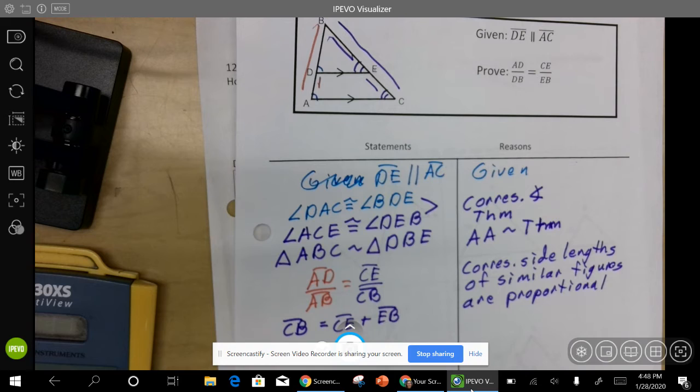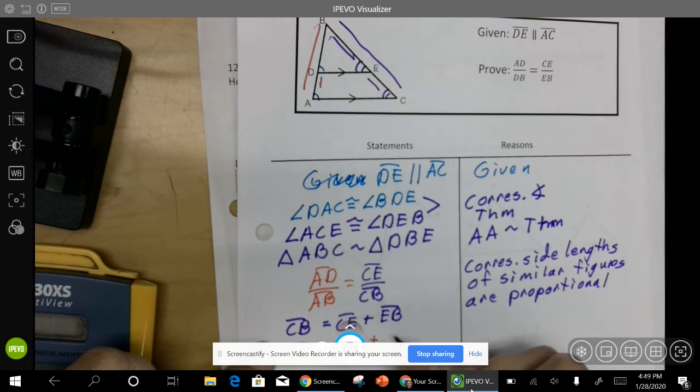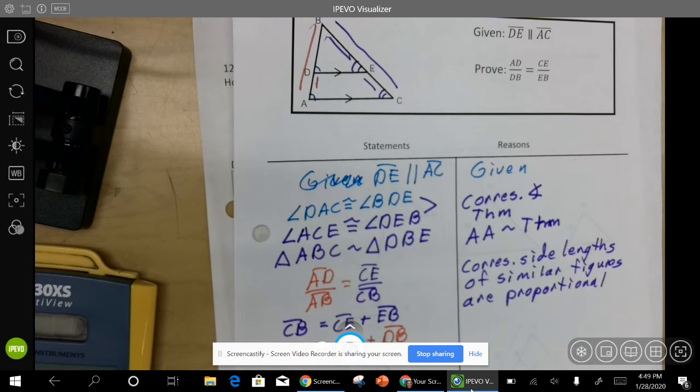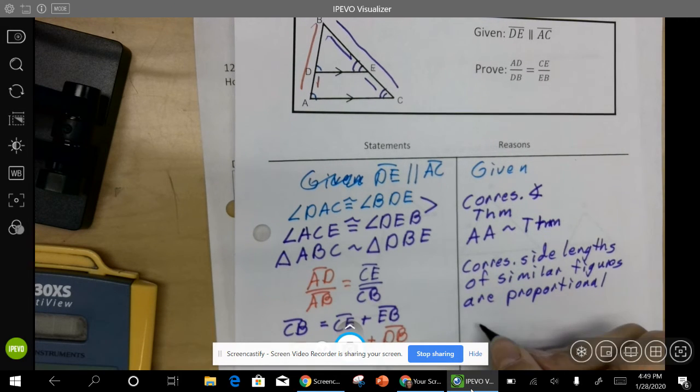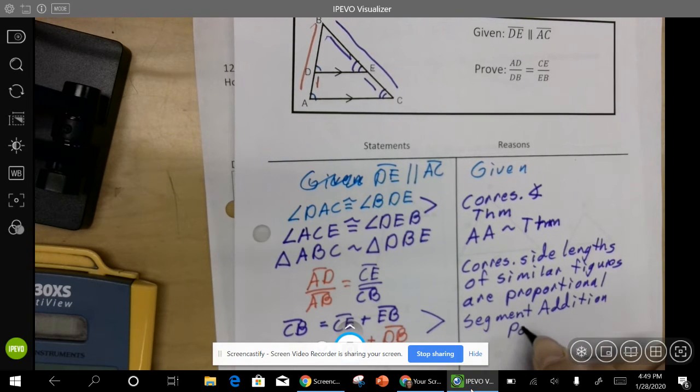And then we have on the other part, AB is equal to AD plus DB. Okay, and that's our segment addition postulate. I think of it as we're just adding distances together. So segment addition postulate.